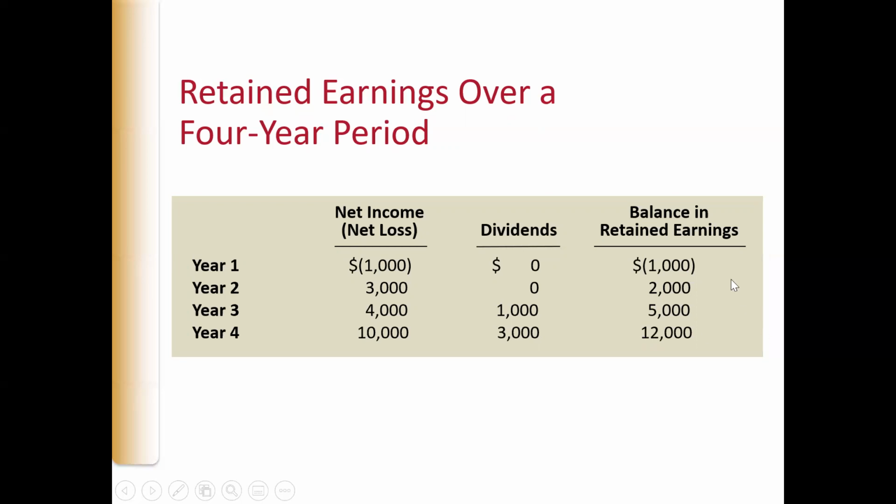And then in year 4, the income was 10. We paid out dividends of 3, which nets 7. The 5,000 balance at the start of year 4 plus the 7 gives us a balance in retained earnings of 12,000.